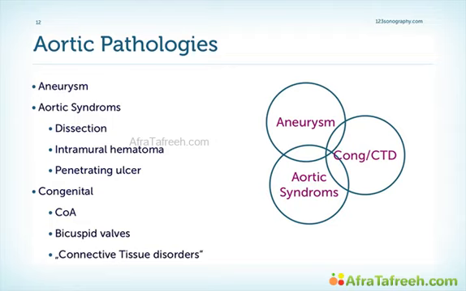This also includes patients who have coarctation or bicuspid valves, and that all these, again, are closely related to atherosclerosis and other risk factors. For example, if you have atheromas and atherosclerosis, this predisposes to aneurysms, but also to aortic syndromes. The same is also true for patients who have connective tissue disorders. They also have a higher likelihood to develop aneurysms and dissection.